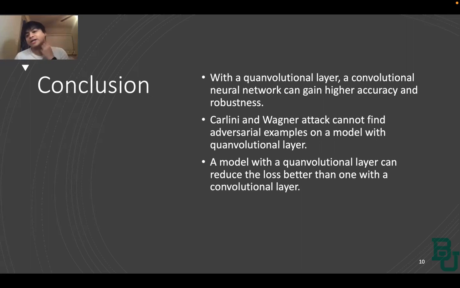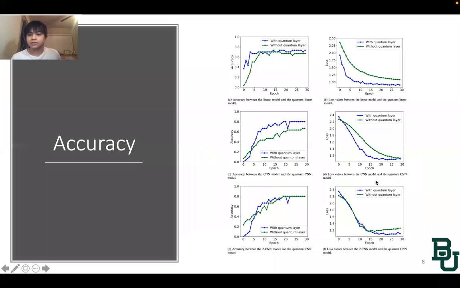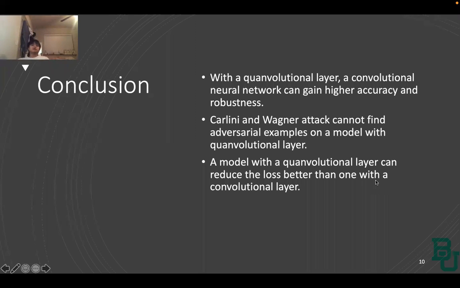We also find that the quantum convolutional layer can reduce the loss better than the classical convolutional layer in this figure. And we also find that the Carlini and Wagner attack cannot find adversarial samples on this quantum convolutional layer at all. It seems like the quantum convolutional layer removes all the perturbation from the images.